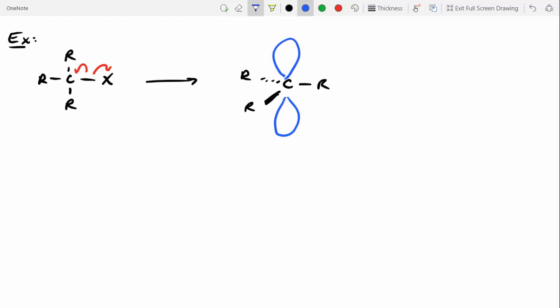So we've got this p orbital, and this p orbital has 1 electron in it. Looks pretty similar to a carbocation, but instead of it being an empty p orbital, we have a solitary electron in there. What's the shape of this intermediate? Yeah, it's trigonal planar. Or sp2 hybridized. And then we also end up with that halogen as a radical.